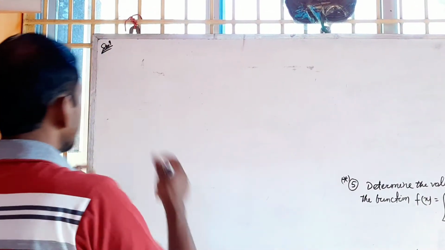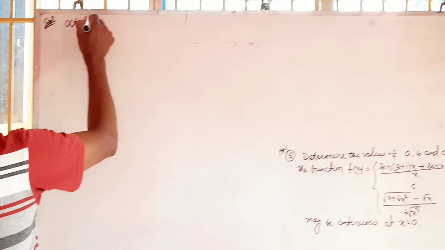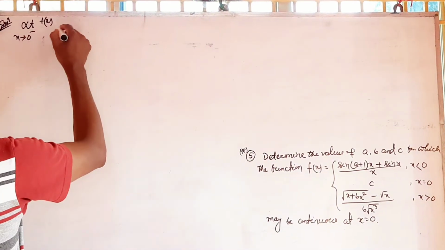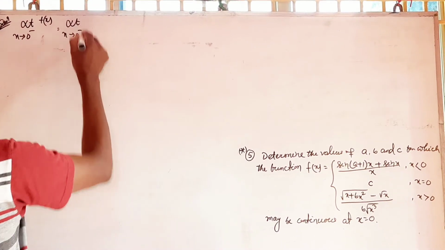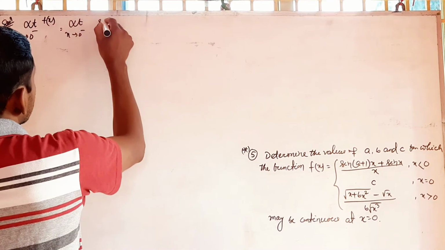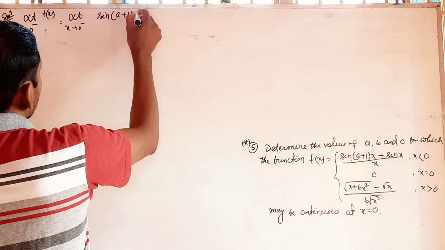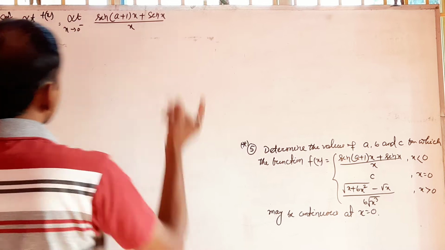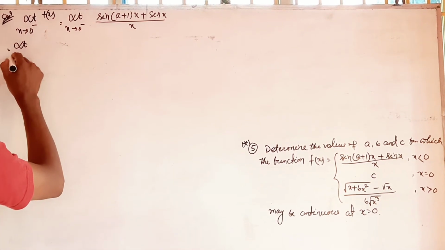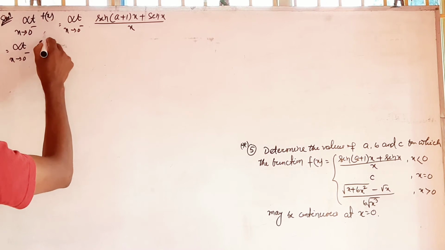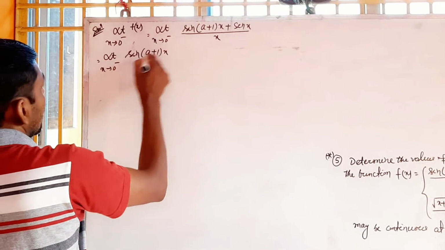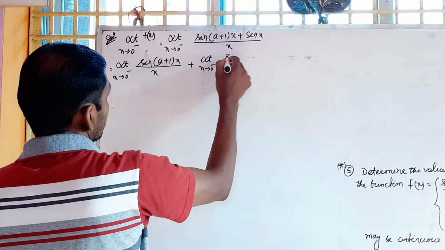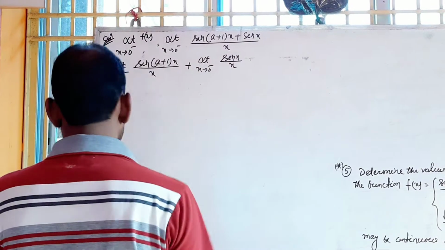Here also first left hand limit, x tends to 0 minus, limit x tends to 0 minus, function is sin (a plus 1) into x whole divided by x. So we will separate: limit x tends to 0 minus of sin (a plus 1) x by x plus limit x tends to 0 minus of sin x by x.